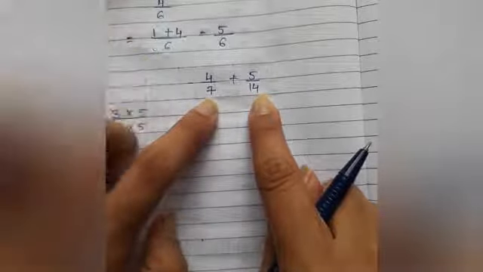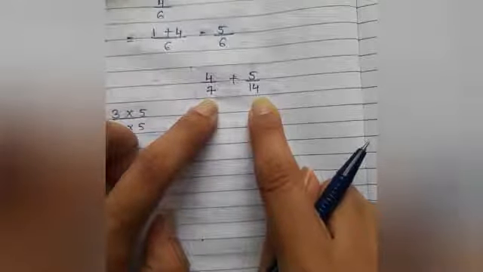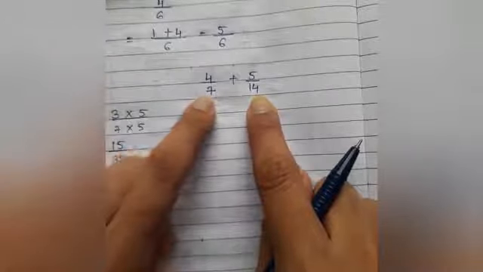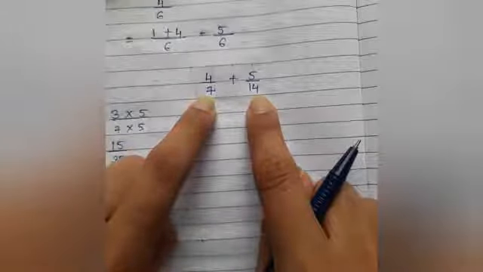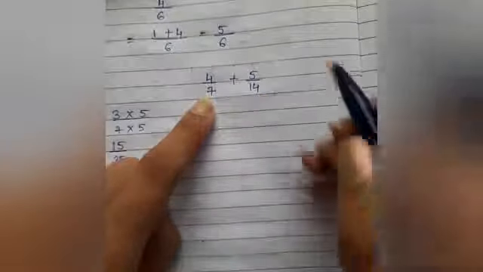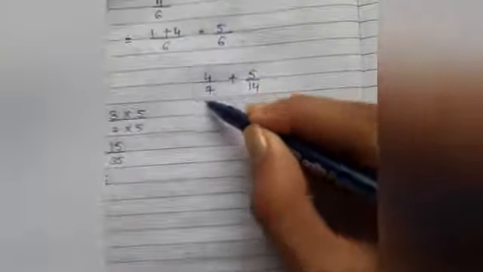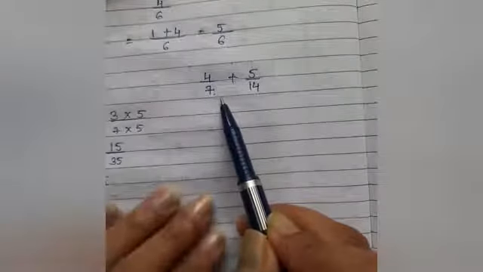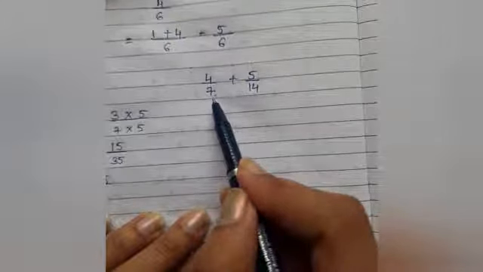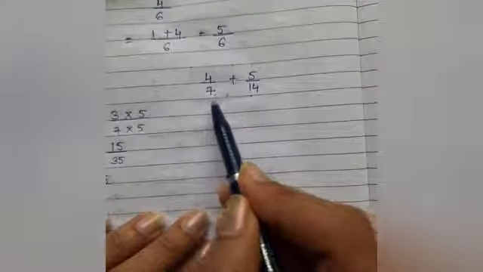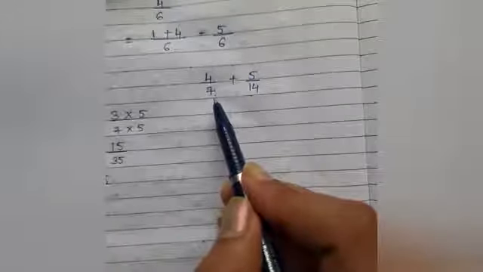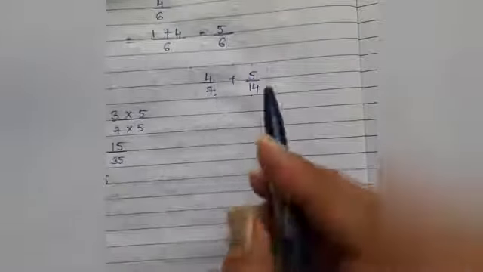Observing the denominators, we get to know that 14 is a number which appears in the table of 7. So we will just change this fraction so that it gets converted into like fractions. According to the table of 7, 14 appears at the place of 2. So this fraction will be multiplied by 2.